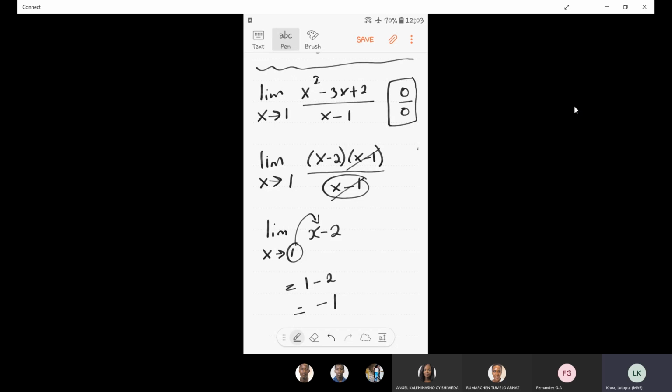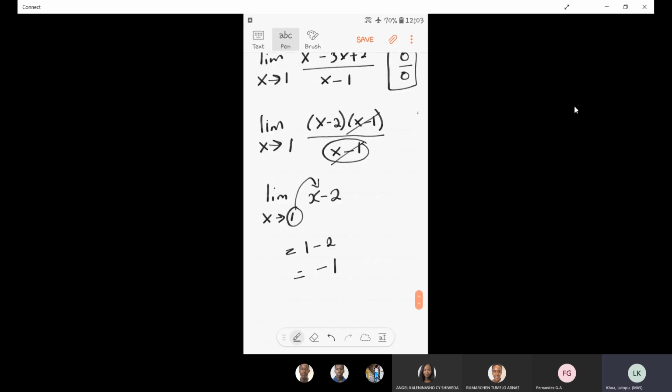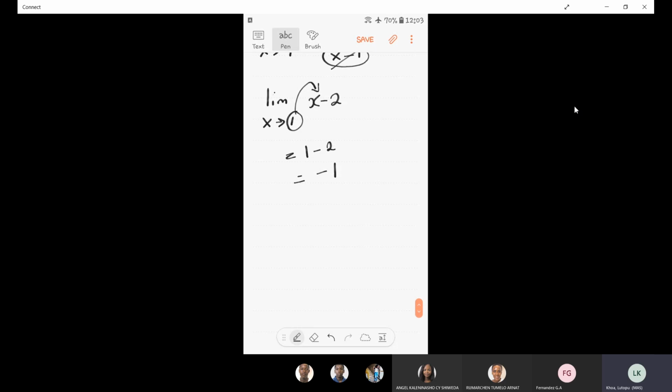Okay, so the limit as x approaches 1 of x squared minus 3x plus 2 over x minus 1 is actually equal to minus 1.